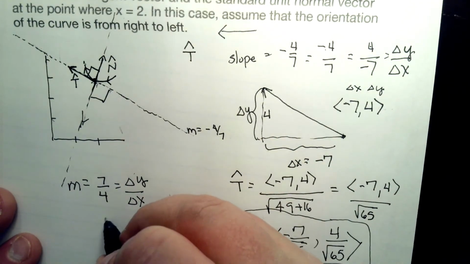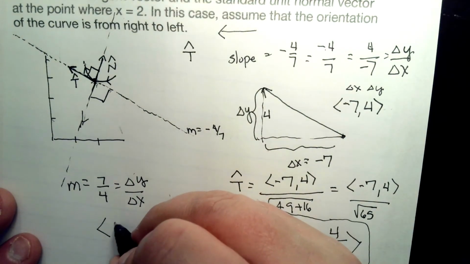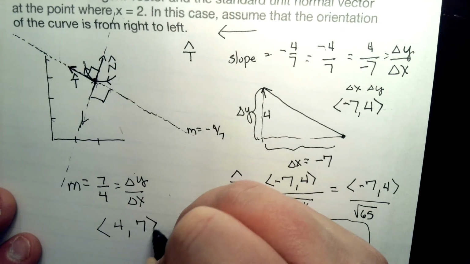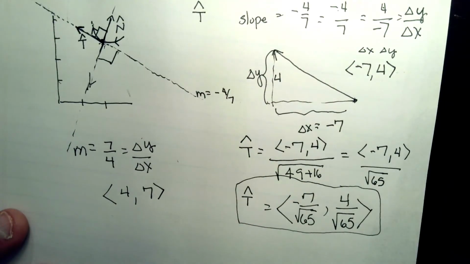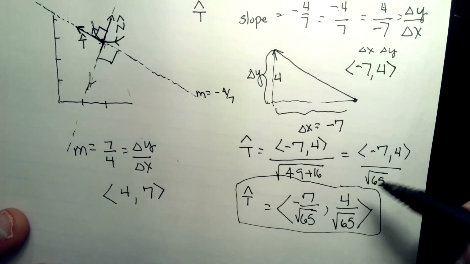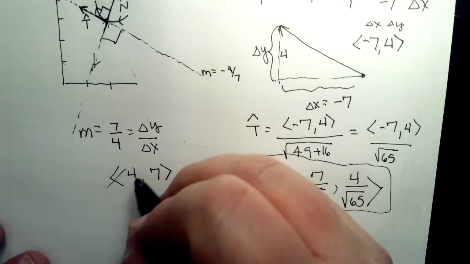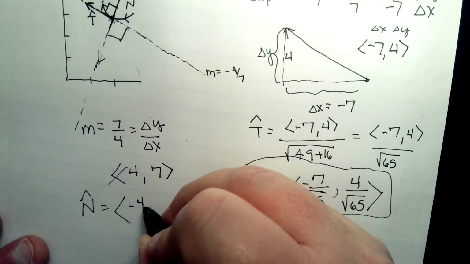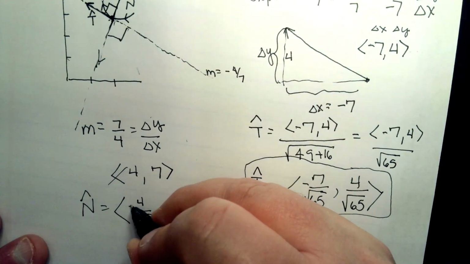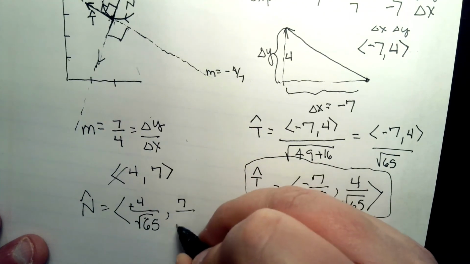So the vector we're going to get is 4, 7. And now we just need to normalize that, scale it so that its magnitude is 1. Well, what you're going to do is just divide by the square root of 65 again. And so the unit normal vector would be positive 4 over root 65, and then 7 over root 65.